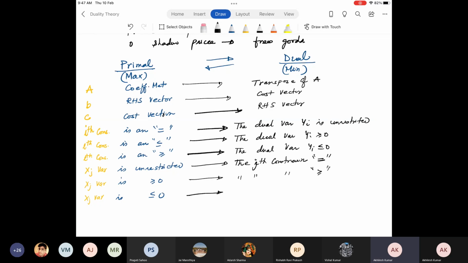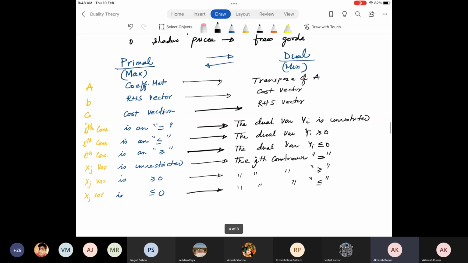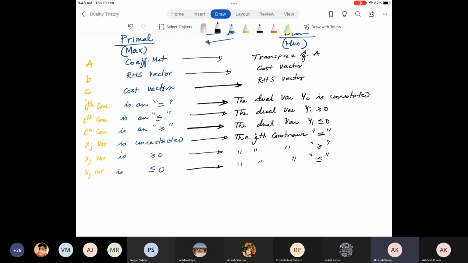And if the xj variable is less than or equal to 0, the jth constraint will be less than or equal to type. So this is a master table for you to remember how to convert. This is the master table for converting any primal problem into a dual problem. We'll quickly use one example to explain this.